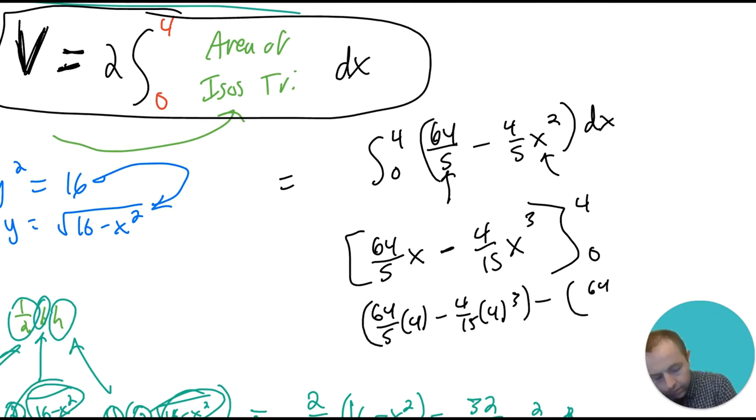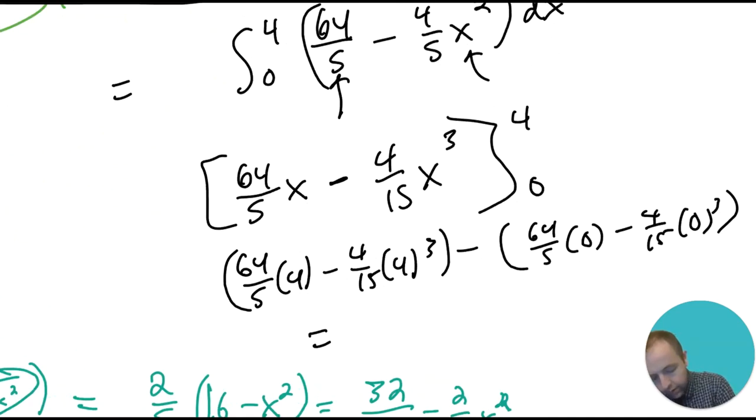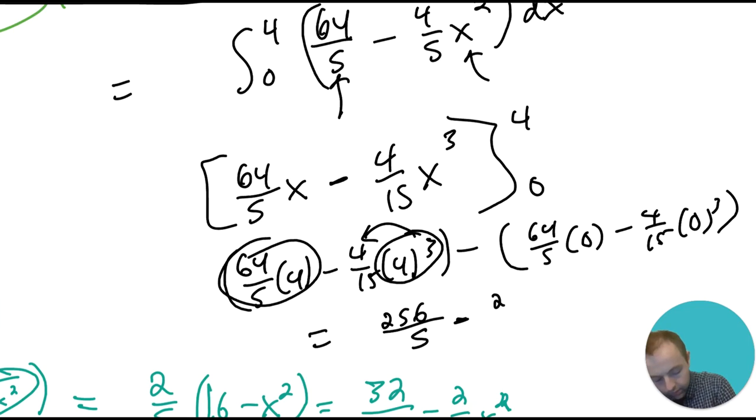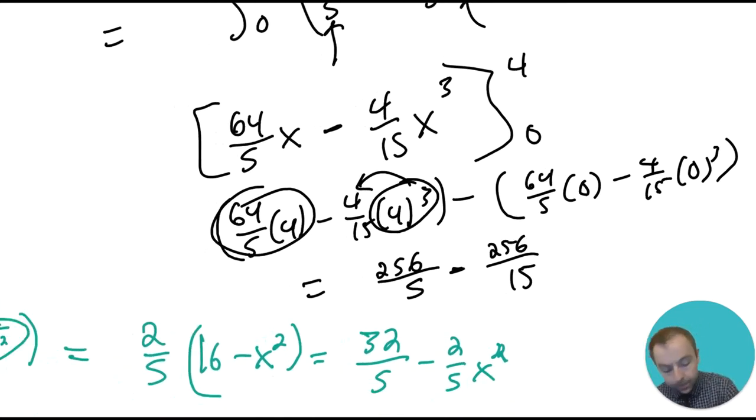When you plug in 0, you're going to get 0. So it really just becomes 64 times 4, which is 256 over 5. And then 4 to the third is 64, and 64 times 4 is 256 again, but that's over 15. So you need a common denominator, which means you multiply the first one by 3 over 3, and you get a common denominator of 15.